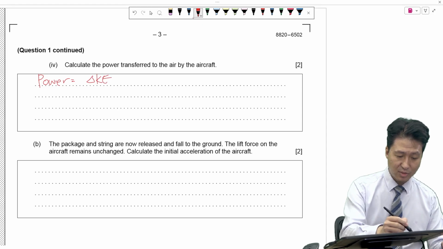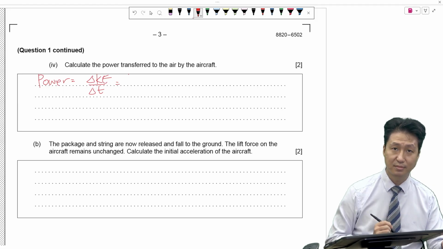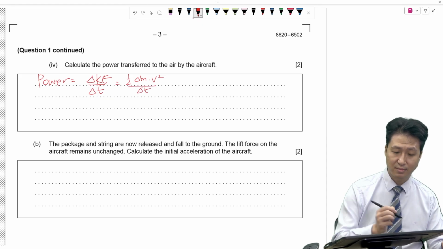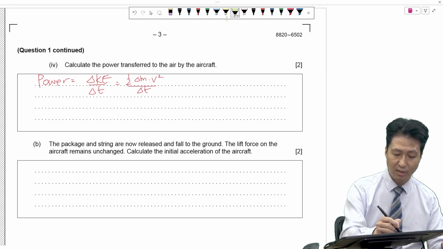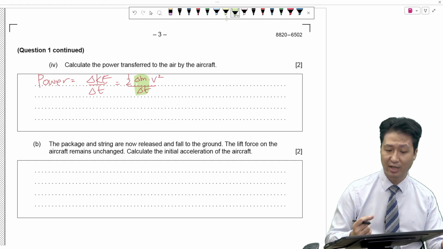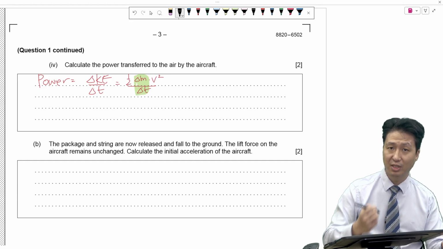So it would be the amount of kinetic energy you give to the air per unit time. That would be 1/2 the mass of the air times velocity squared over the change in time. And again, this value here is the number of kilograms passing through every second, mass over time. This is again 1.7 kilograms per second.